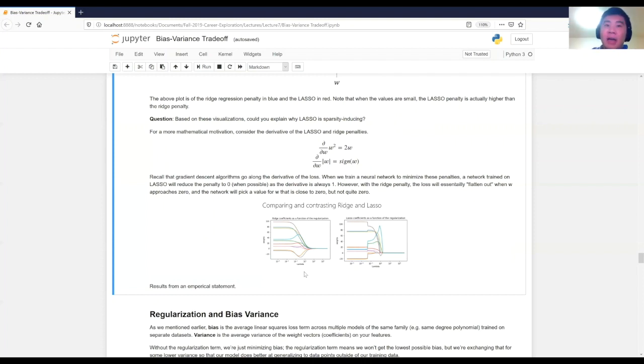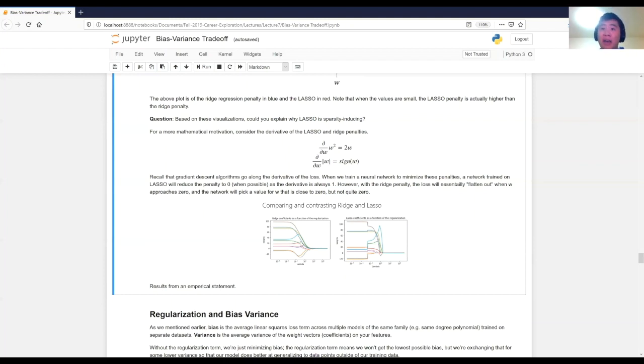You can see that the weights of this model under ridge regression get smaller and smaller really quickly as you increase lambda. But then they just trickle off. It's really hard to push them down that extra bit, right? Here they have really, really small values, but they're not quite 0. So we haven't induced sparsity yet.